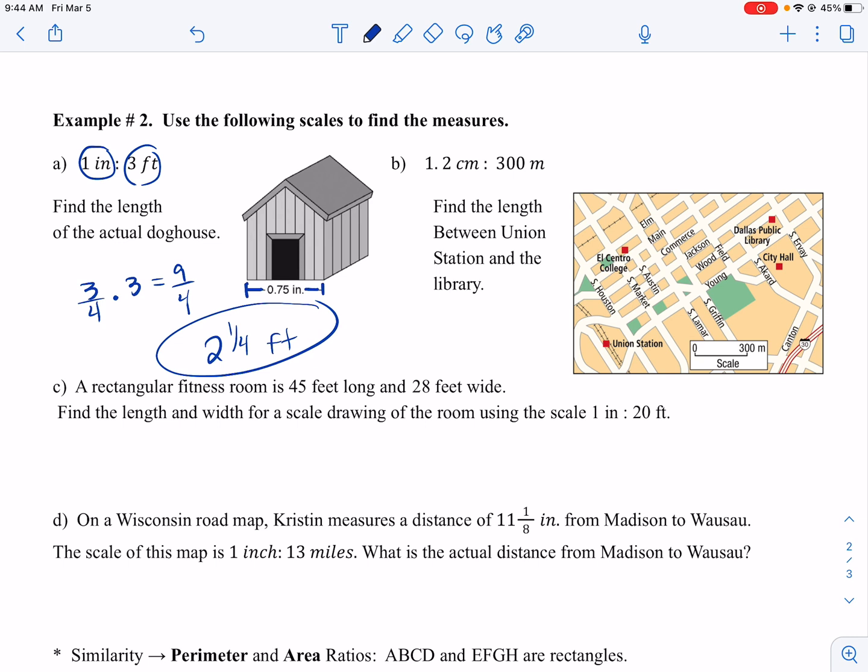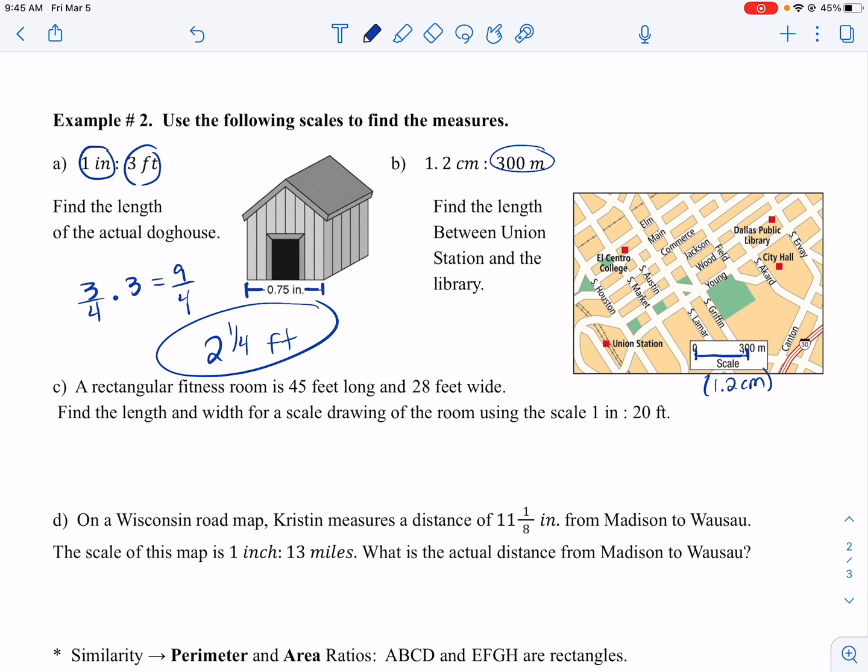Let's do another example together. Let's do B here. In B, you're told that this scale, whatever this length is right here, which you kind of have to trust me that I printed this out and used a ruler and measured that little scale here as 1.2 centimeters. Okay, 1.2 centimeters is 300 meters.